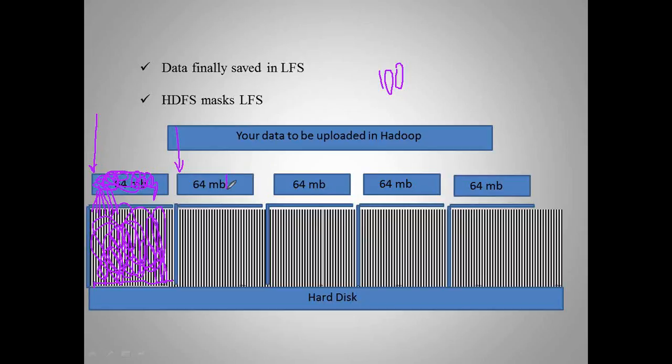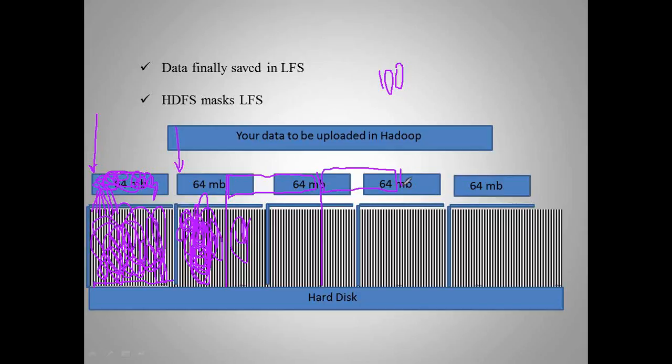That means, let's say, hardly it occupied something like 4,500 blocks or 5,000 blocks. So the remaining 3,500 blocks or 3,000 blocks, along with other 4,500 blocks, gonna create another 64 MB block.